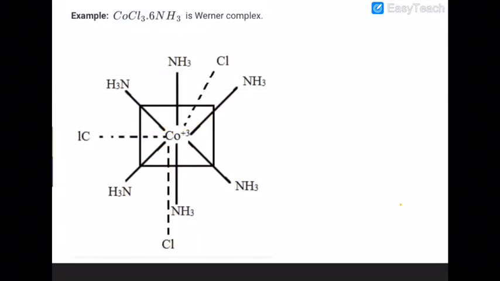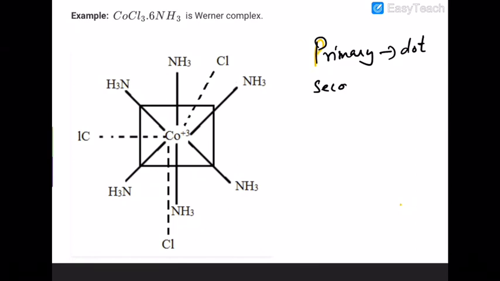Now you have to take into account one more thing, that primary valencies are shown by dotted lines, while secondary valencies are shown by solid lines. So here you can see that this is a dotted line, this is a dotted line, this is a dotted line.